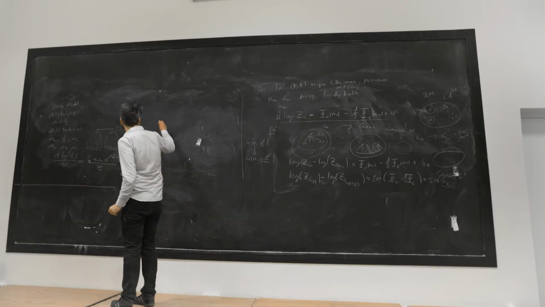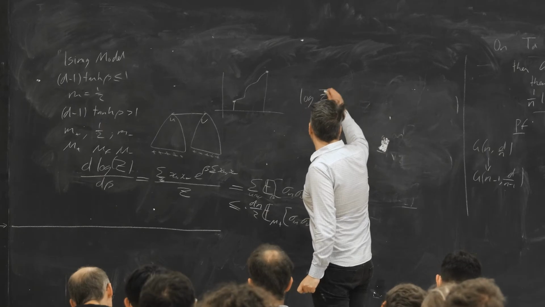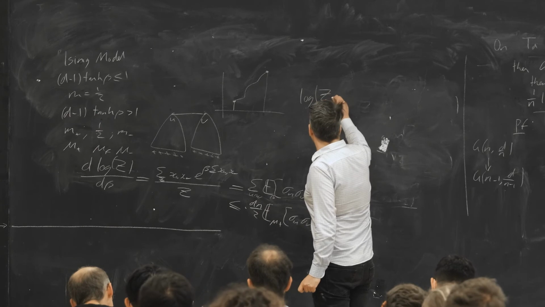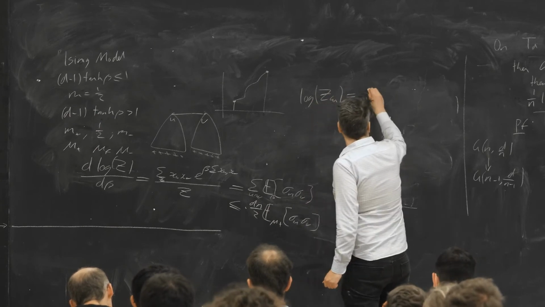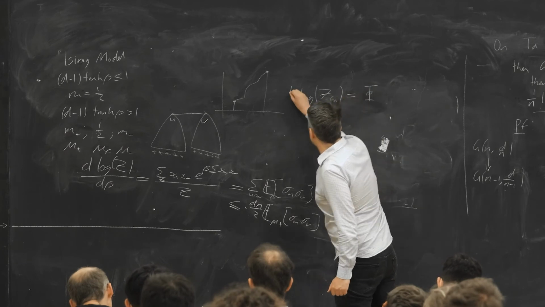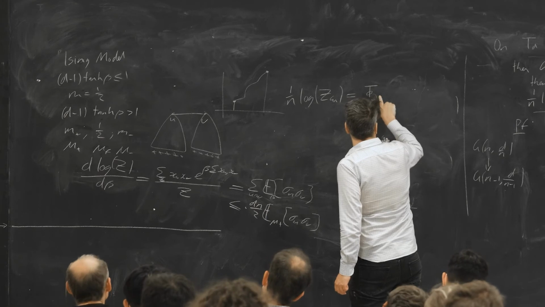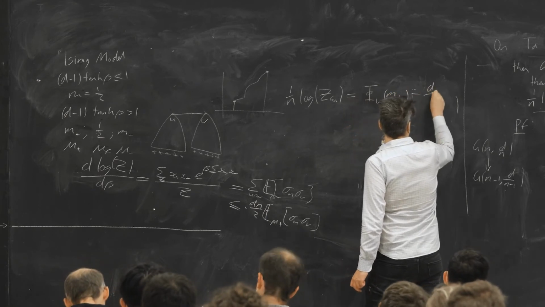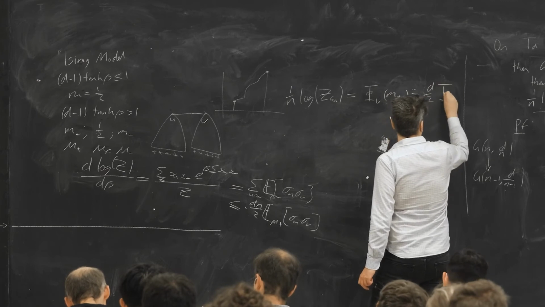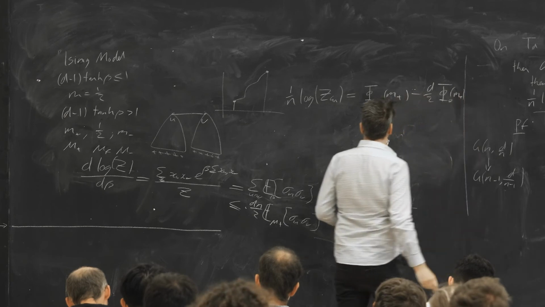Yeah. So the theorem is that G_n is equal to 1 over n of something.